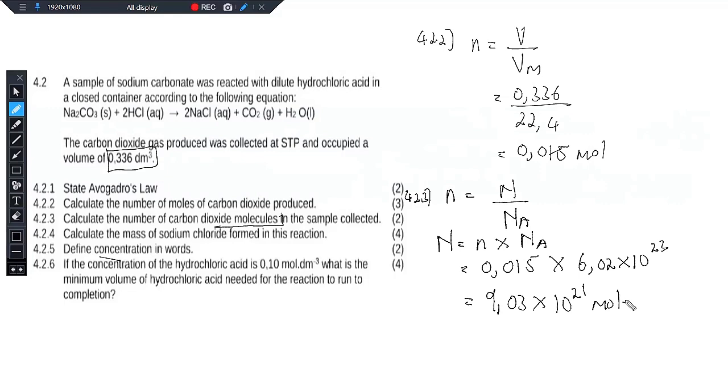And you are supposed to write molecules. So this, in a way, kind of becomes your SI unit. They ask you to calculate the number of molecules. Therefore, after finding the answer, you will say molecules, right? So for 2 marks, that's all you were supposed to do. Take your number of moles and multiply by the Avogadro's constant. And then there you go. Right. So nice. We are done with that one.